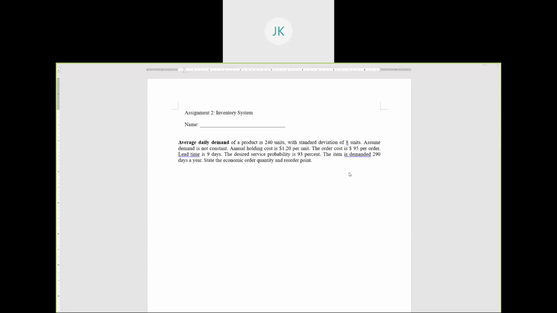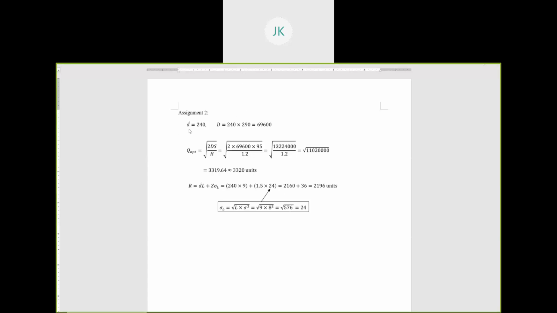I will show you the answer. So daily demand is 240. To get the optimal order quantity, or EOQ, 2DS, this one is annual demand. So annual demand is 240, daily demand, times 290 given days.